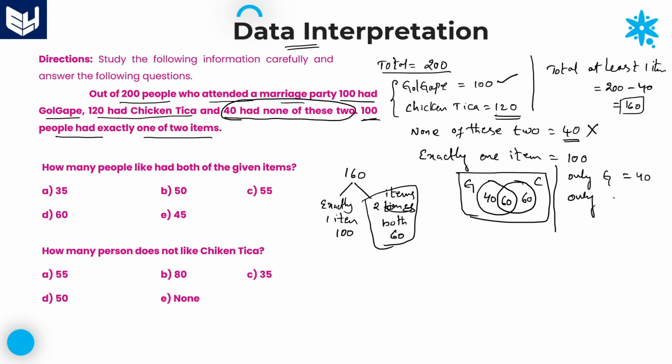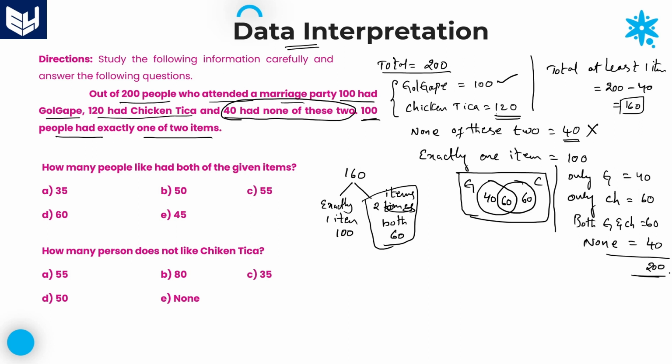Only chicken tikka is 60. Both golgappa and chicken tikka is 60. Neither golgappa nor chicken tikka is 40. If you add all these four values, you will get 200.